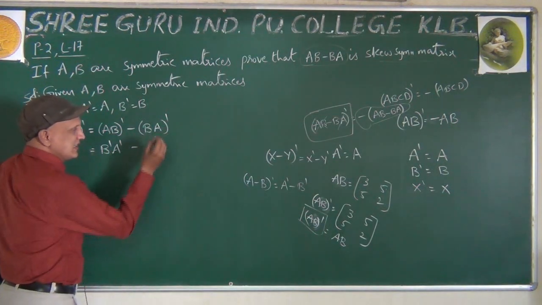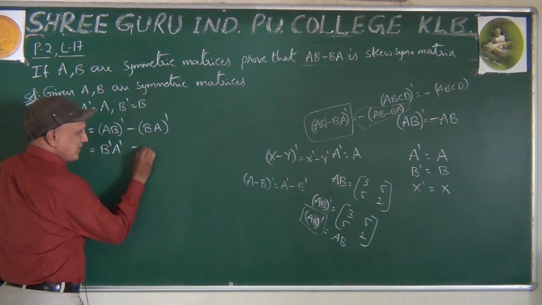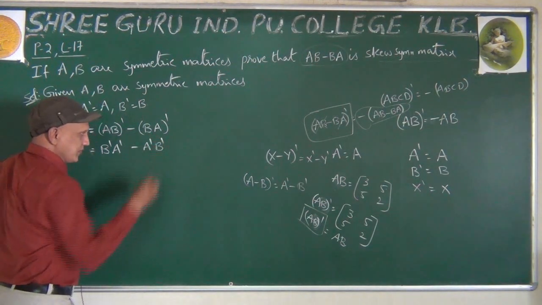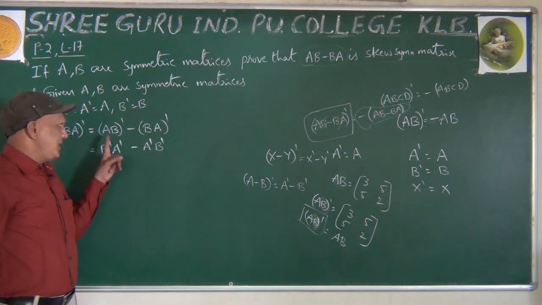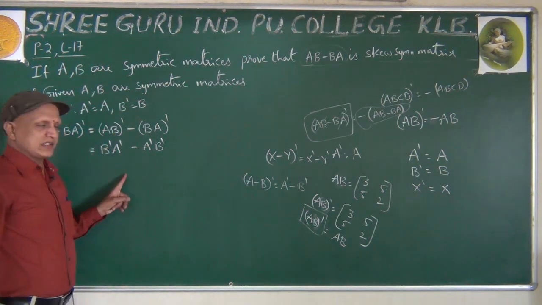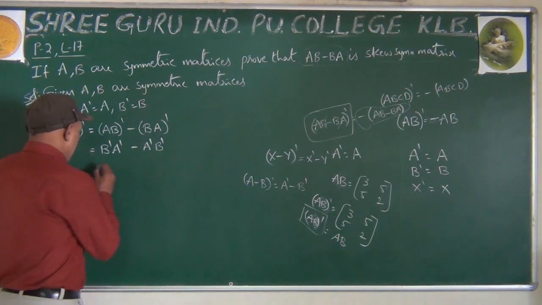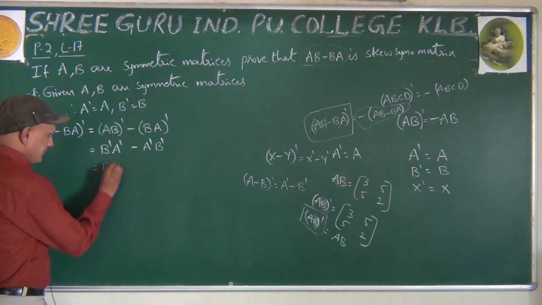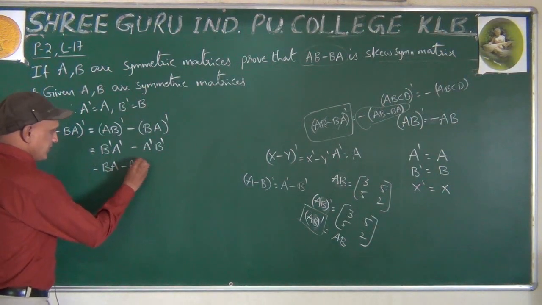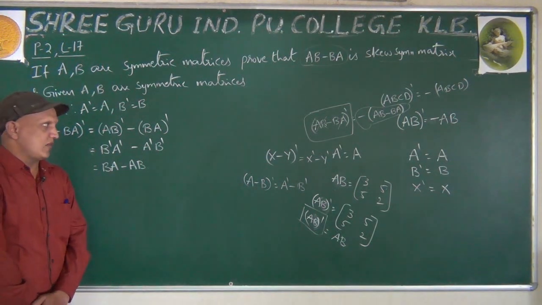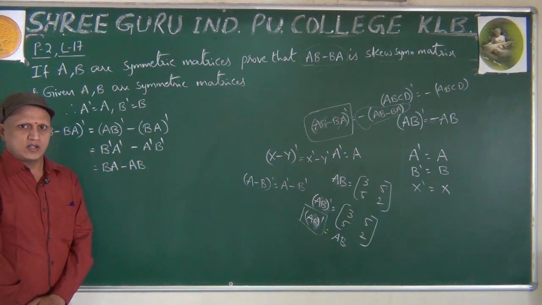BA whole dash, second one first, one second. That is the property. AB whole dash is B dash A dash, BA whole dash is A dash B dash. Okay, now equals to. I think this time you understood why we have it like that. Understood now?